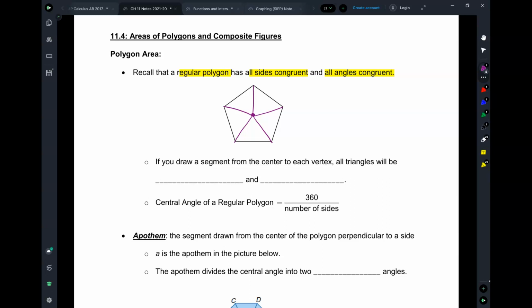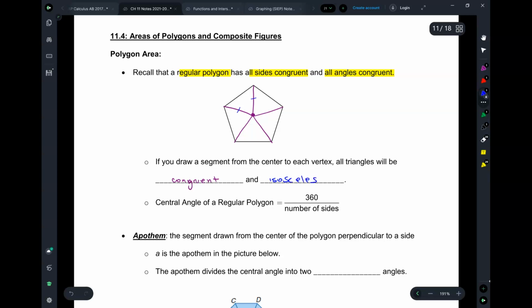That's the number of sides, right? And if you do that, all 5 of the triangles will be congruent to each other. And because each of the triangles has 2 sides that are coming from the center, they're going to be isosceles.